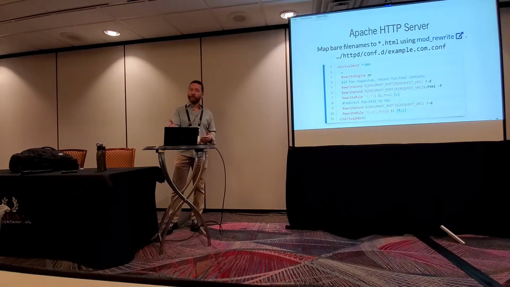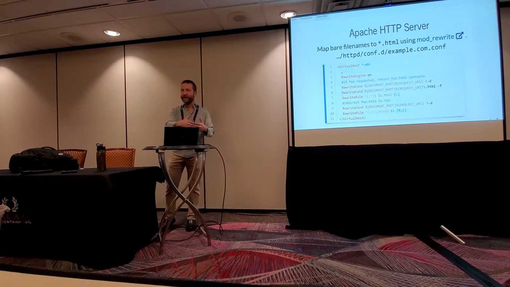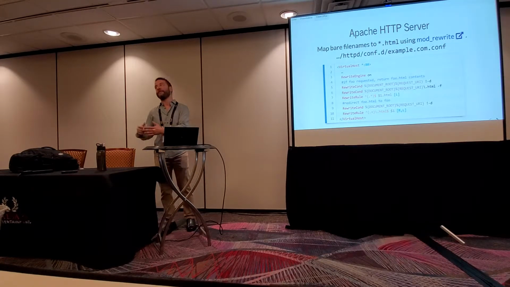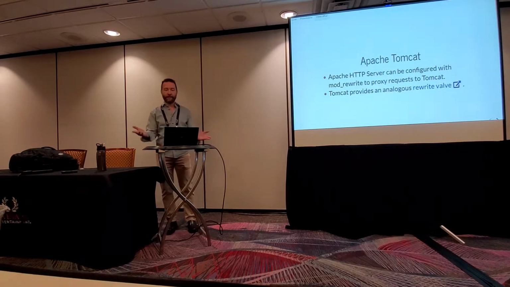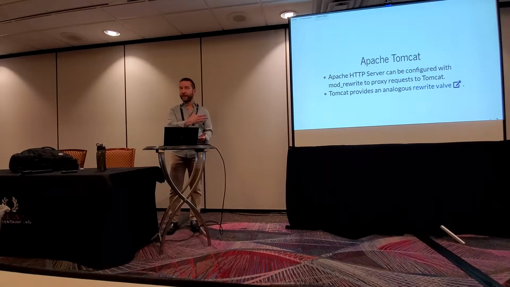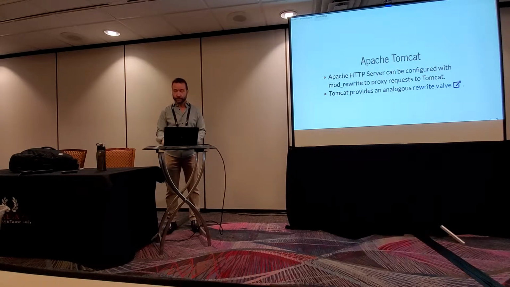So with URL rewriting, Apache got a URL that says I want /widget, and then Apache passed it to Tomcat saying they really wanted widget.html, and so Tomcat serves that. You just got this layer of indirection. And in fact, Tomcat, which I've never used, apparently has a rewrite valve that works just like the Apache stuff. So you've got all this magical stuff happening with the URL rewriting in between. So that's one way to get your clean URLs.